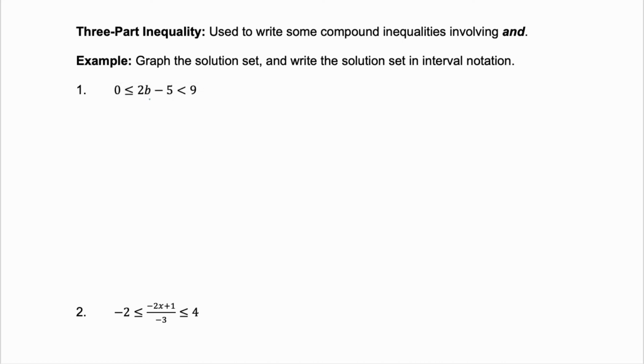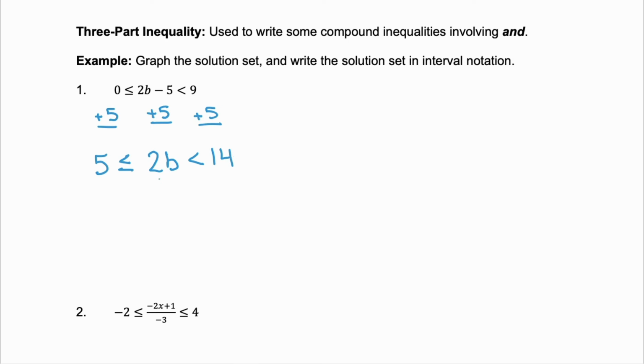Our variable is b, and we need to first add 5 to start isolating that. And you have to do this in all 3 spots. So on the left, we get 5. We keep our less than or equal to. We have 2b in the middle, and we have a less than, and we have 9 plus 5, which is 14.